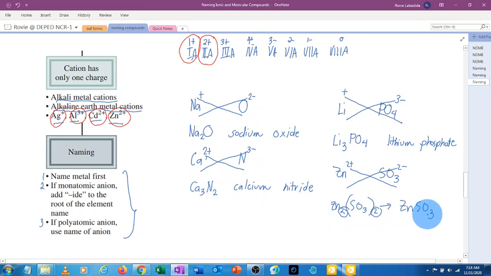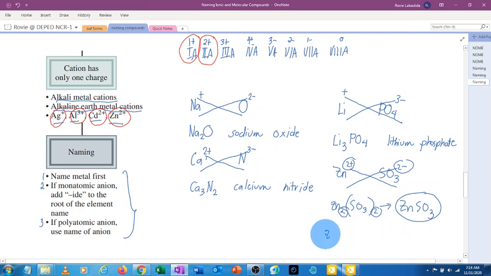ZnSO3. Okay. Now, or if you want, just cancel this out. If you see 2 positive and 2 negative, then do not bring them down anymore. Just copy ZnSO3. So that is our final formula. Now, how are we going to name this one? Let's follow the rules. Name the metal first.